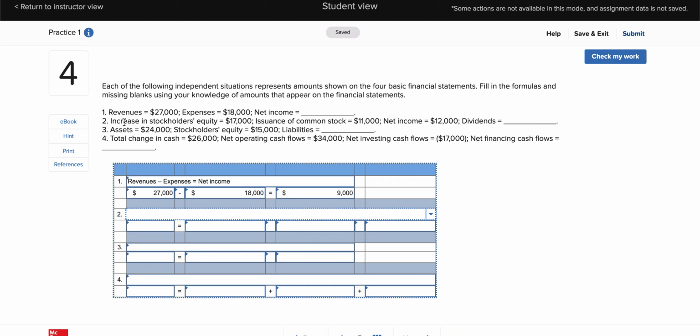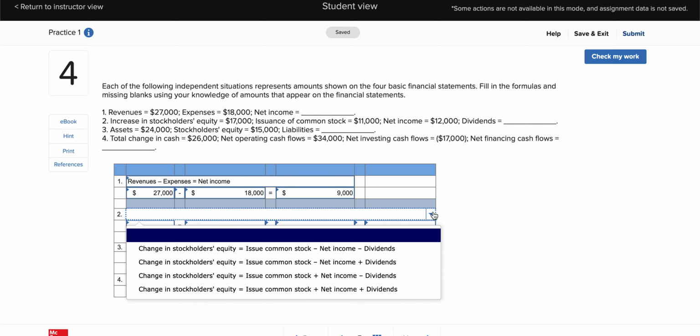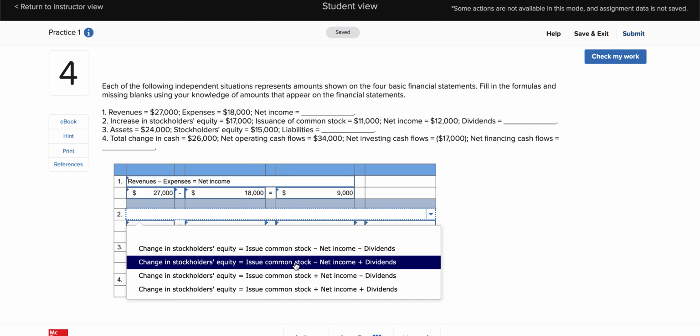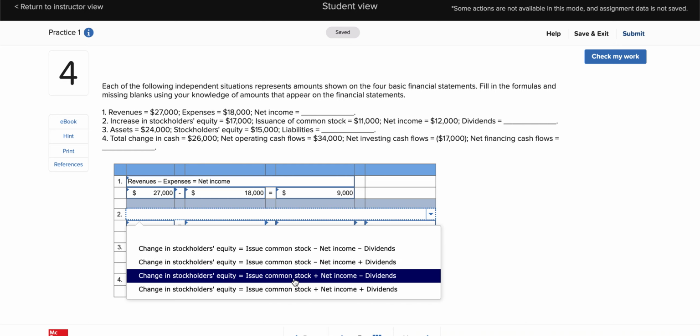The next formula we need, the increase in stockholders' equity equals $17,000. The issuance of common stock is $11,000. The net income is $12,000. The dividends are equal to what? That's our unknown here. So the formula that we need for this one is that the change in stockholders' equity is equal to the issuance of common stock plus the net income minus the dividends.